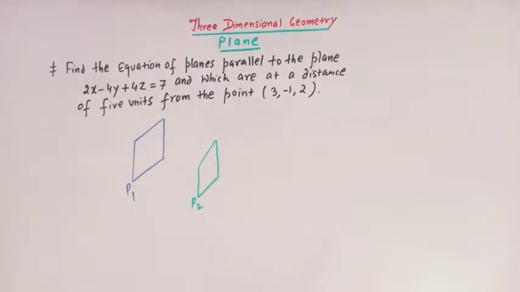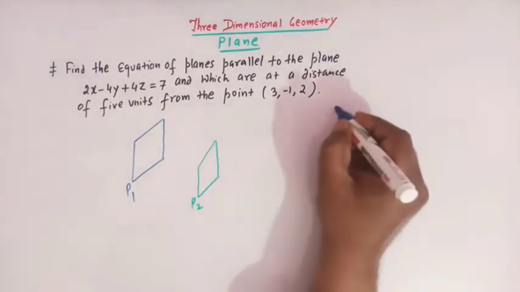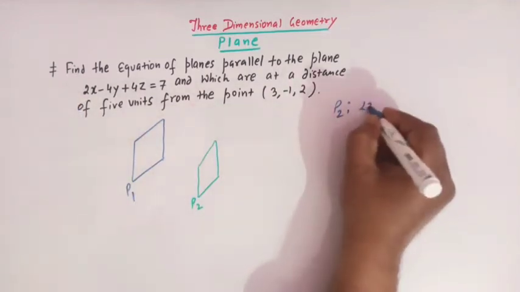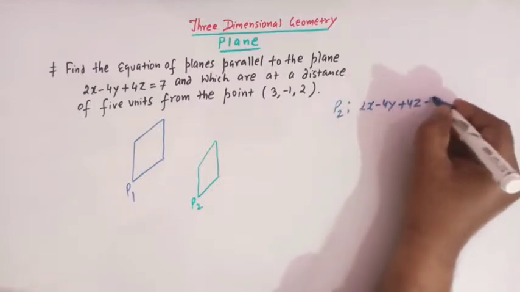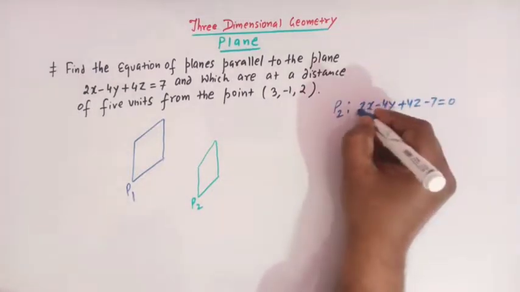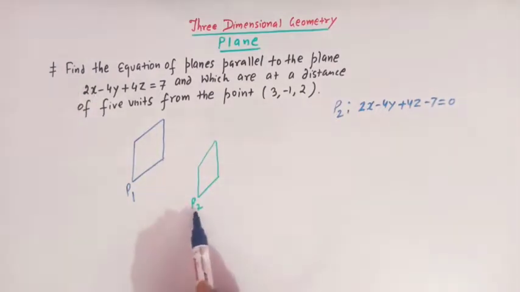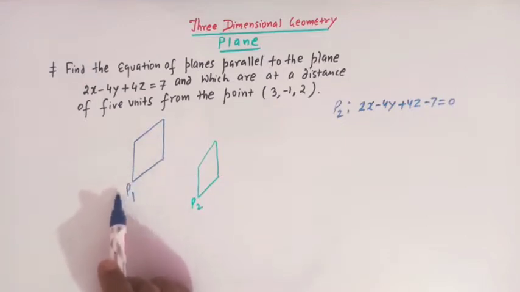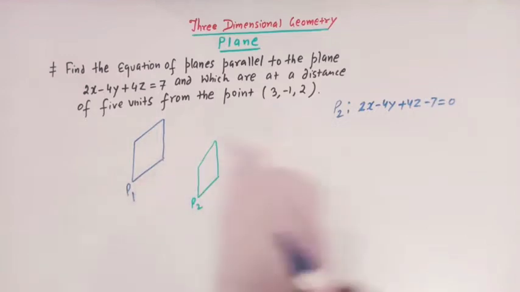Now we have two planes, and the equation of the plane P2 is given as 2x minus 4y plus 4z minus 7 is equal to 0. We consider this plane as P2, and we have to find the equation of plane P1 which is parallel to this plane P2.